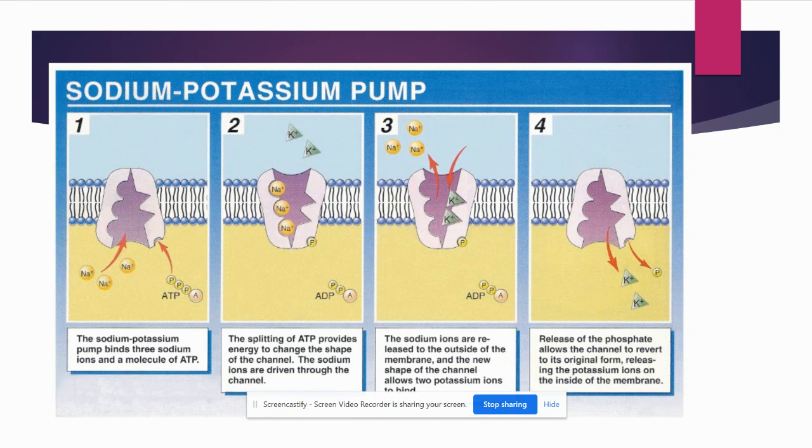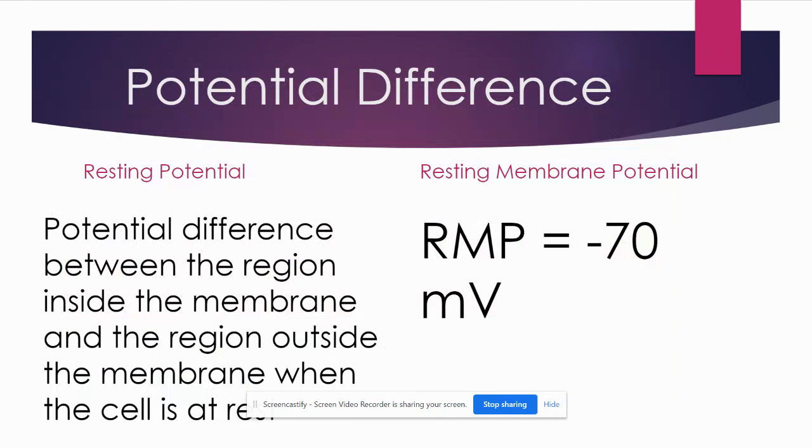Once that happens, they are going to be released out of the cell, and that's going to cause the potassium ions to flow in. Now, there's 3 sodium ions that are leaving and 2 potassium ions that are entering into the cell. So it's a very big difference of 3 sodium to 2 potassium.